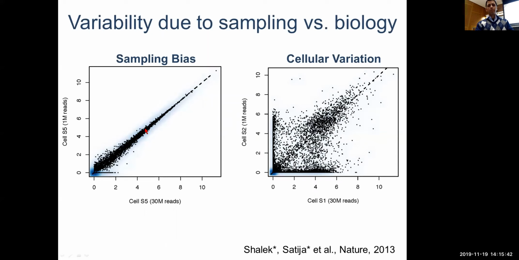You could ask how much of my deviation from correlation is due to sampling bias and how much is due to cellular variation. And some of these zeros are actually due to undersampling.